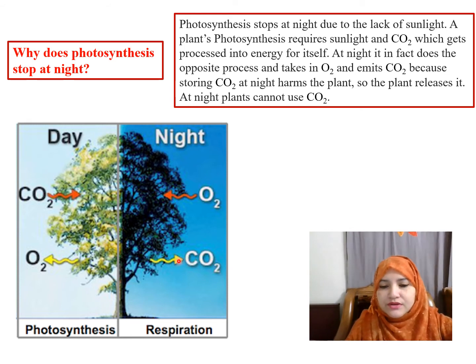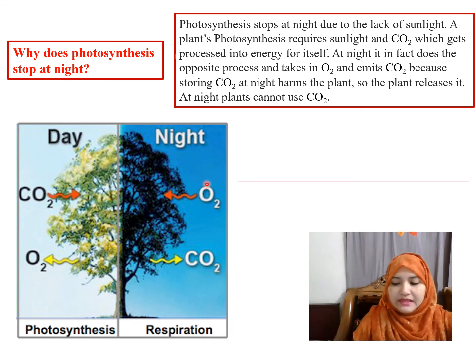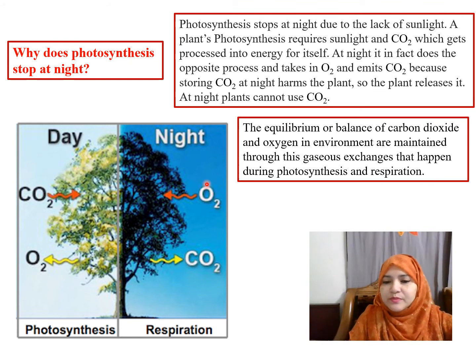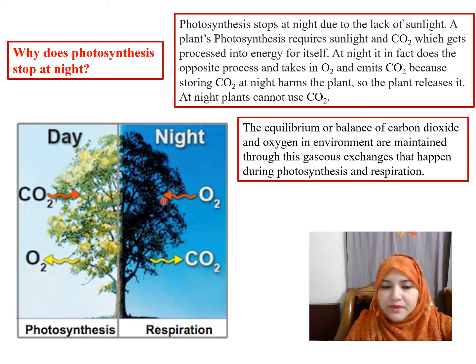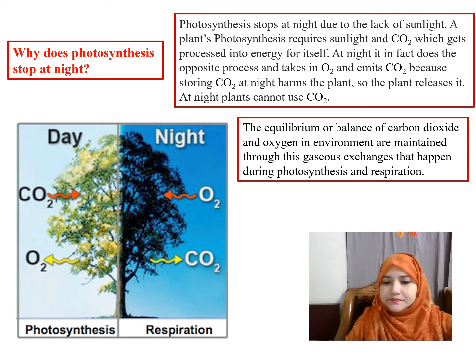At daytime during photosynthesis, oxygen is released to the environment, and at night for respiration, plants take in oxygen from the air. In this way the balance of carbon dioxide and oxygen in the environment is maintained through these gaseous exchanges that happen during photosynthesis and respiration.